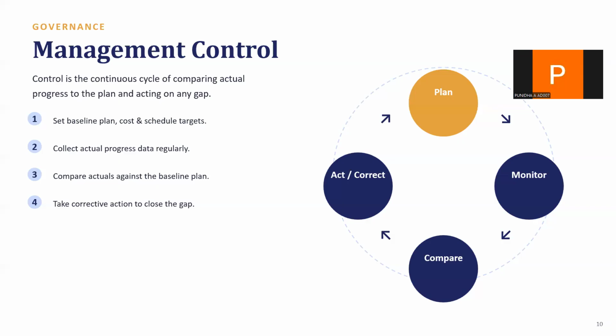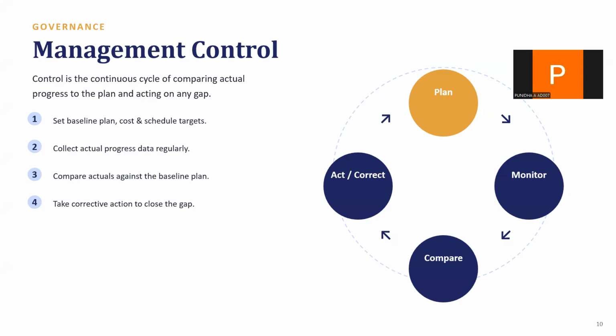Management control. Now, one of those six, controlling, deserves its own closer look because it's really a continuous cycle, not a one-time check. Here is how it works in four steps. Step one, plan: set your business plan, cost, and schedule targets. Step two, monitor: collect actual progress data regularly.